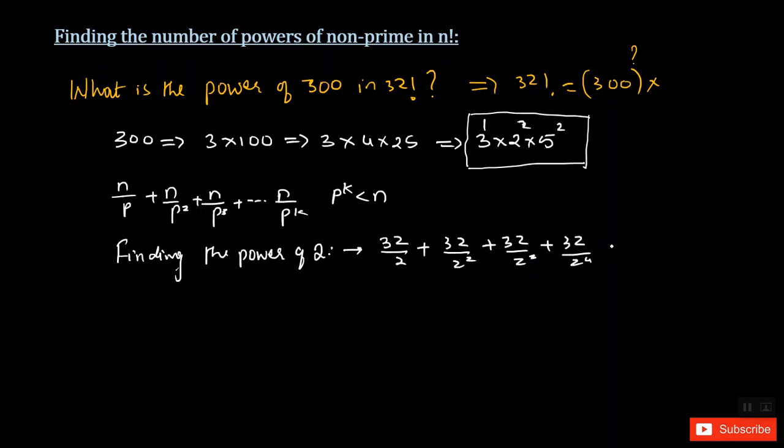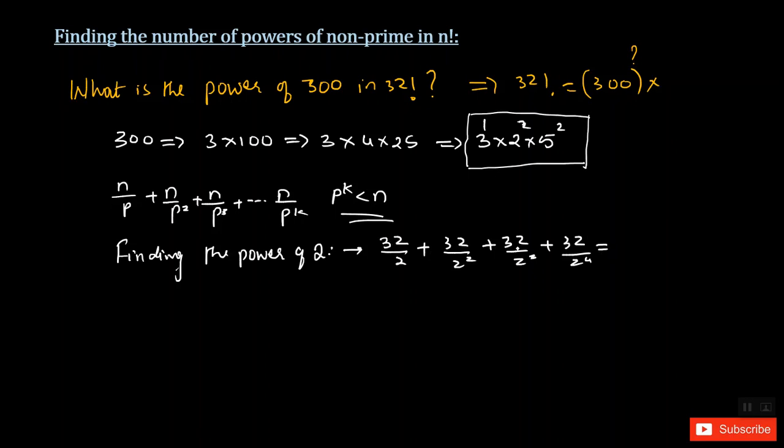I can't go to 2 to the power 5 because it's going to be 32, right? The value of p to the power k should be less than n. I can't take equal to, so we have to stop here itself.